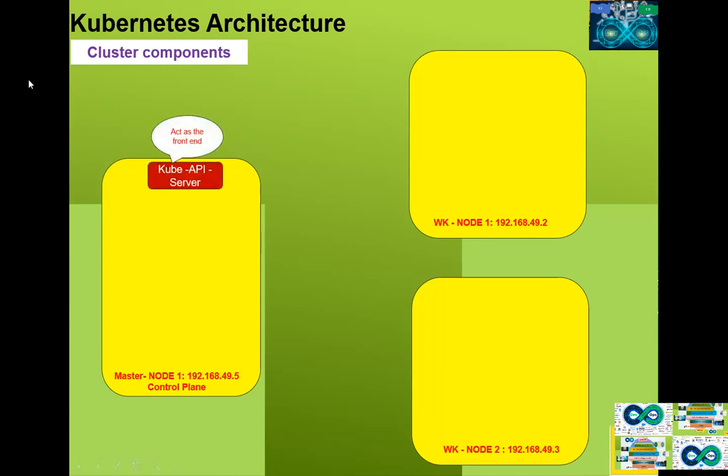First, in the master, the very important one, the very first component is what? Kube API server. The API server is the cluster interface, because any request to the cluster will be taken in by the API server. Let's say you want to deploy an application and create a pod, a service resource or whatever.